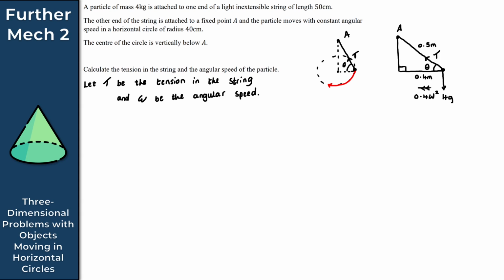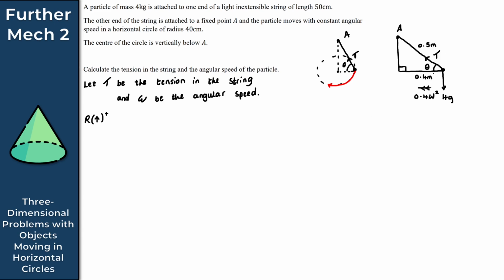So what we're going to do here is start by resolving vertically, taking upwards as positive. So what do we get here then? For forces acting up, because the angle is between the string and the horizontal, this would be T sine theta, right?